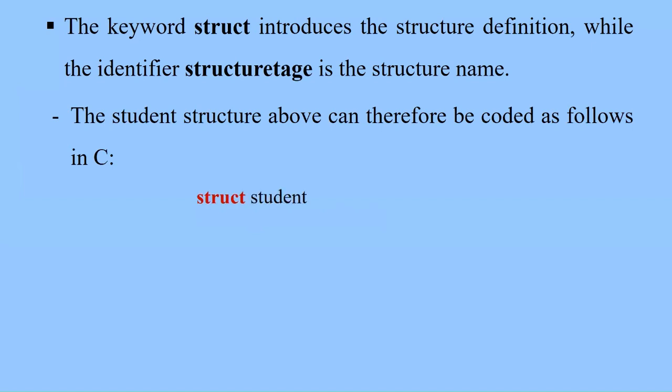So we want to define our struct or our record, which is student. So in C, we call it struct student. And then we declare the first member, which is first name of type char, that is an array of characters, with a maximum of 6 characters.